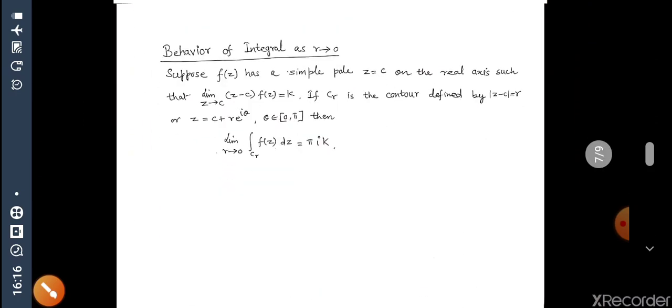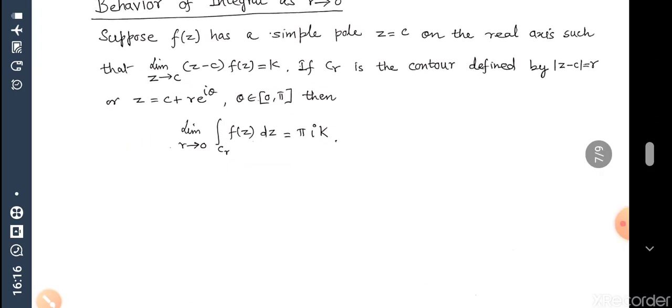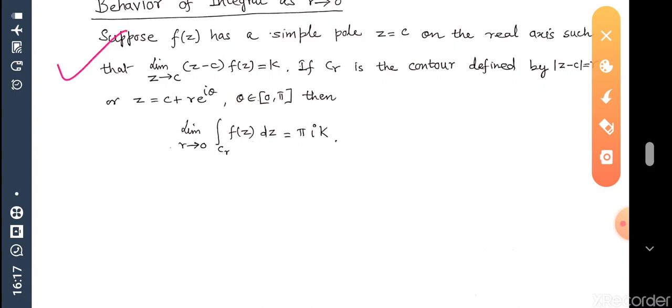Before an example, we take an important theorem which we use in the next example. Here we take the theorem without proof.